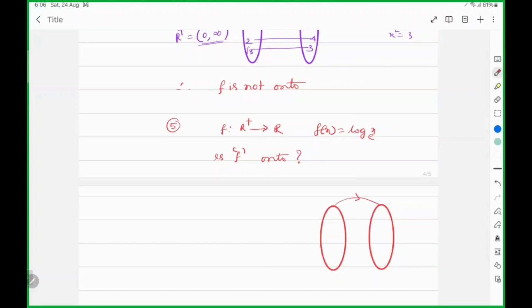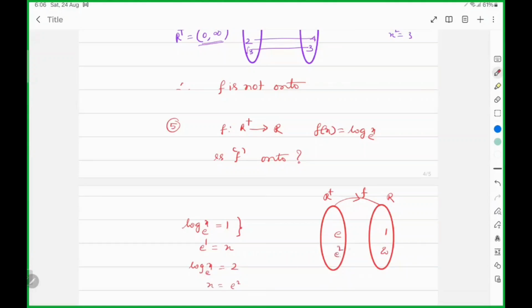For example, you take it as 1. What will be the pre-match? Based on the logarithm definition, e. Suppose you take 2. So the pre-match x is e square.